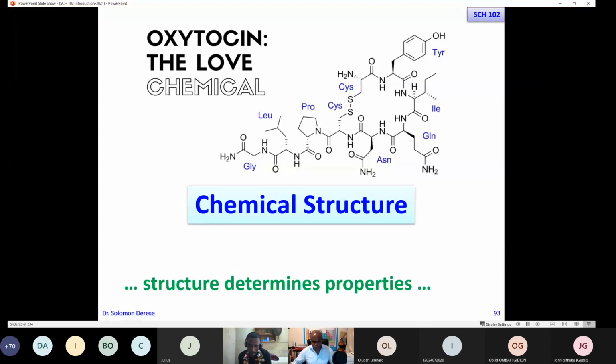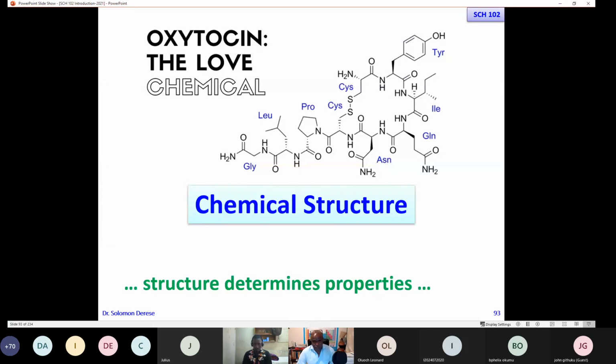So structure determines property, and it's very important for students of organic chemistry, or students of chemistry, scientists who will apply chemistry one way or the other in their professional engagement, to have a very good understanding of the structures of chemical compounds.